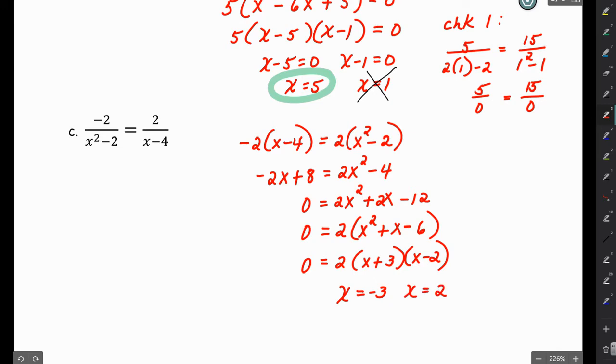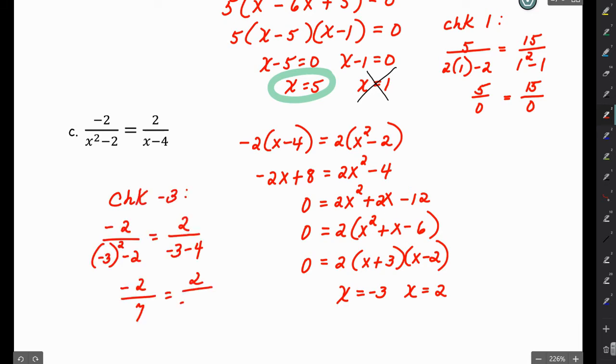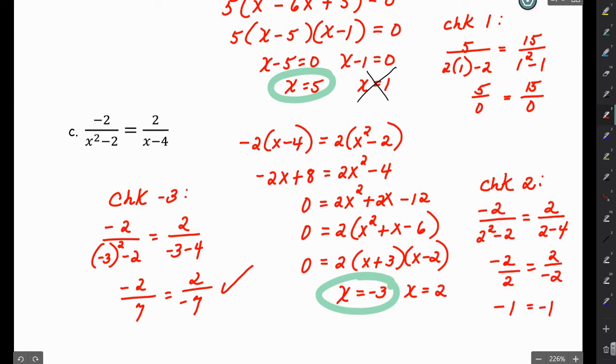I have to check both of those. First, I'll check negative 3. Okay, it looks like negative 3 works, so we know that that is a solution. Now let's check 2. We get negative 1 equals negative 1, and we can see that that works. So we know that 2 is also a solution.